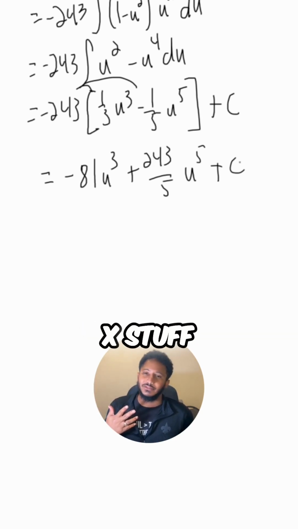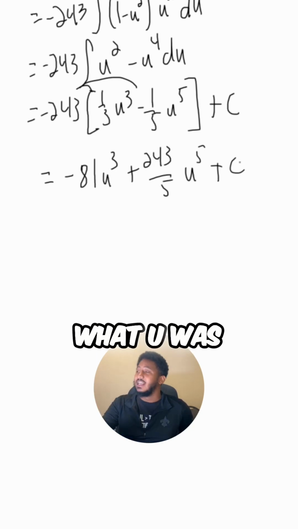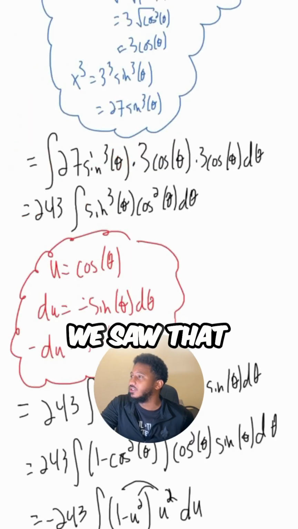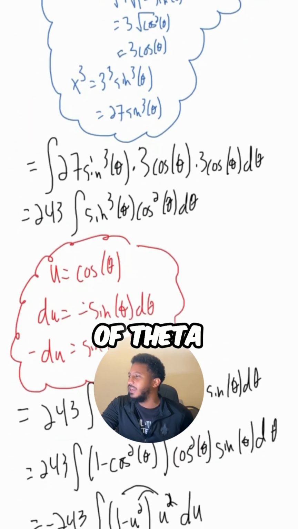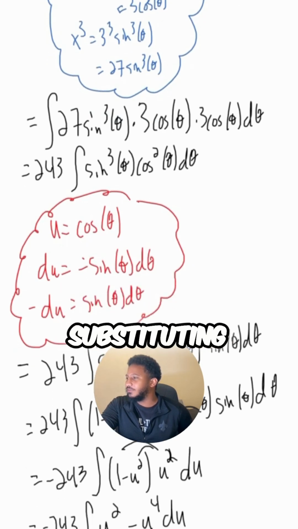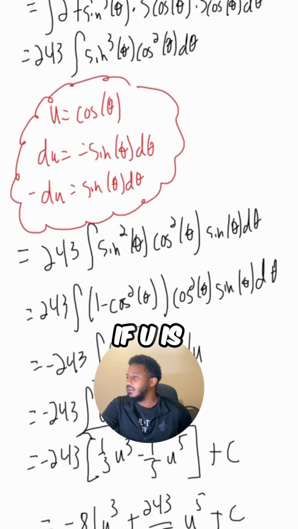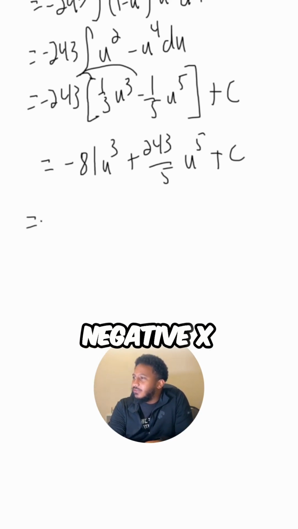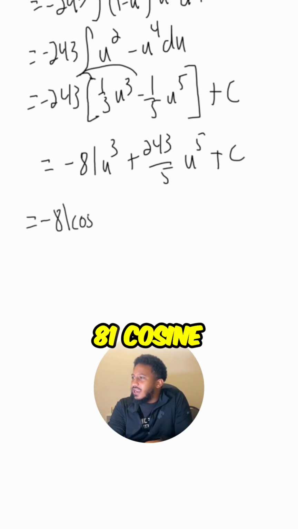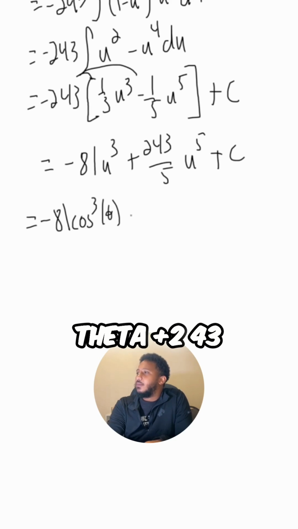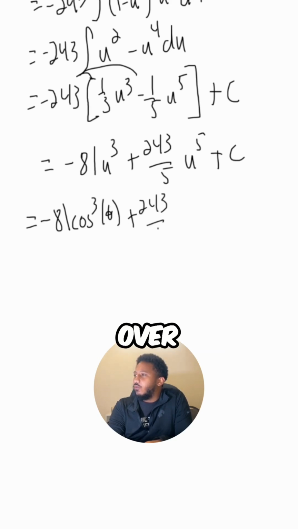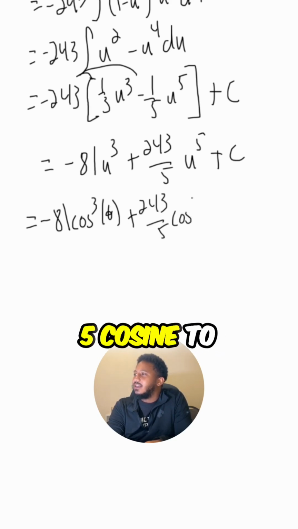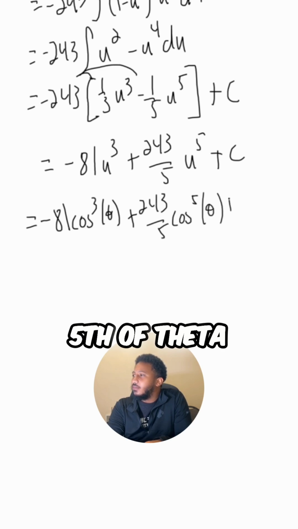The x's are what we started with, so we have to back substitute what u was. We saw that u was cosine of theta. So this is negative 81 cosine cubed of theta plus 243 over 5 cosine to the fifth of theta plus c.